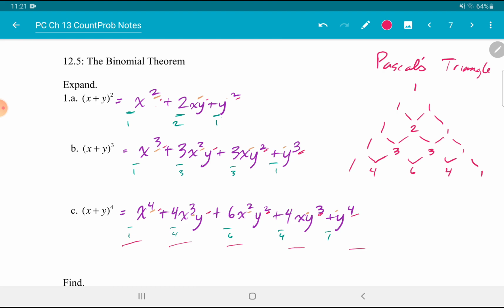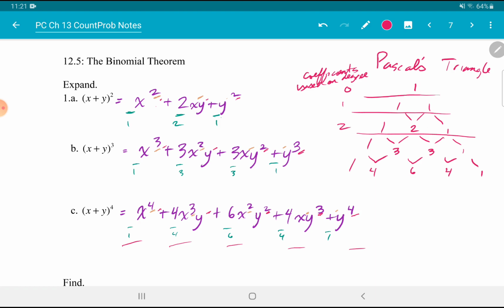It turns out that if you look at each row, this would be the degree of 0. This is basically the coefficients based on the degree. Here we would have our degree of 1.